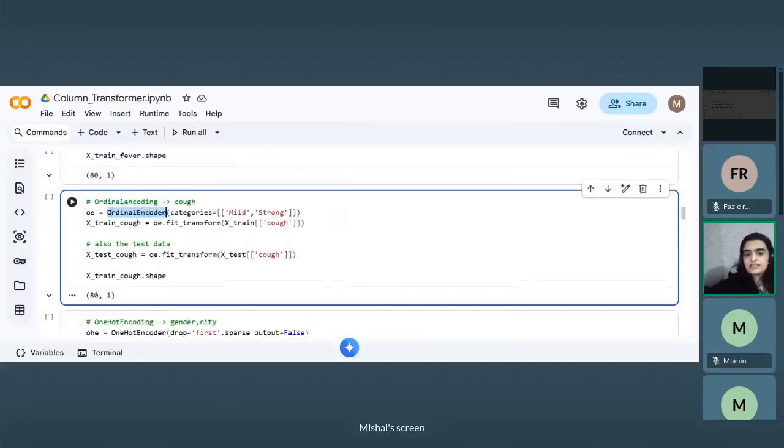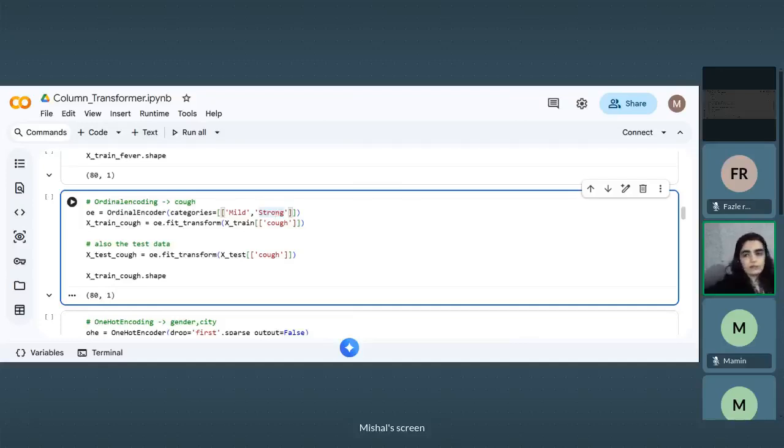There are two categories, mild and strong, and we need to mention them in the specific order. If we mention strong first, it will give strong as 0 and mild as 1. The weaker one needs a lesser number, so we consider it first. We want mild to have a lesser number, so that's why we put it first.